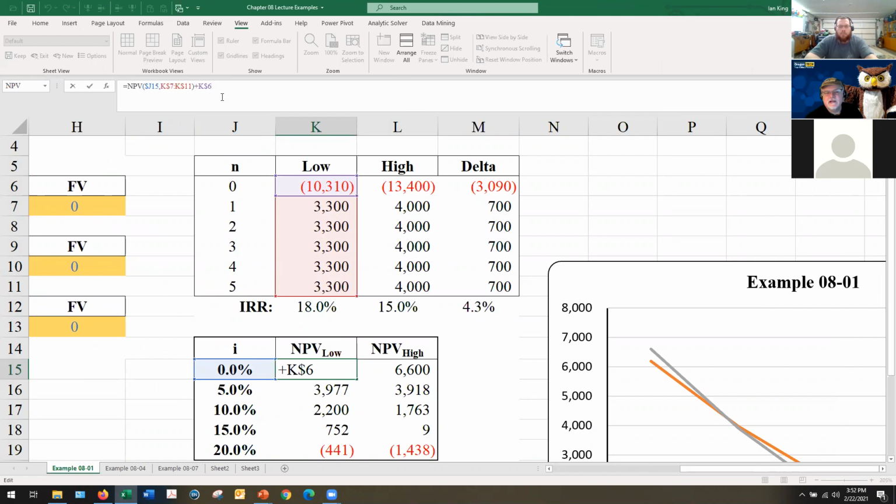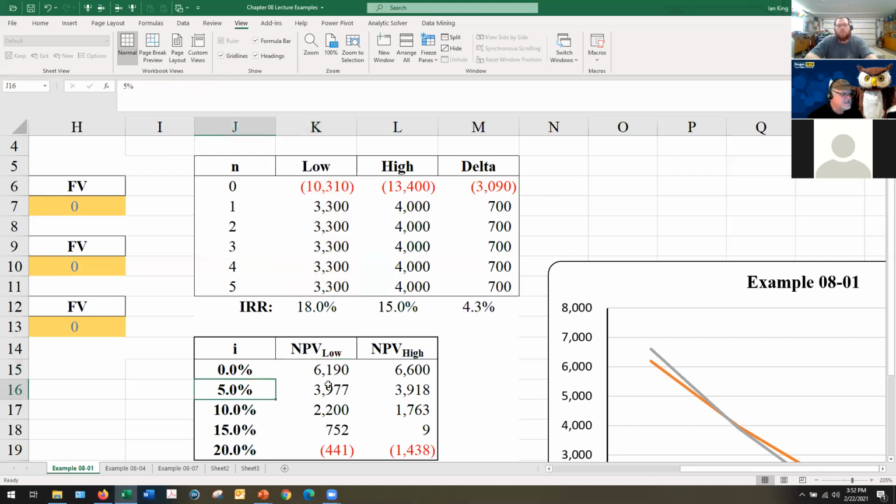Could I have used an annuity calculation? Yes. Why bother? Net present value does it equally. Plus the initial outflow of 10,300, whoops. And that generates 6,190. Exact same thing here at 5%. Net present value of the same cash flows, only 5% instead of 0%.